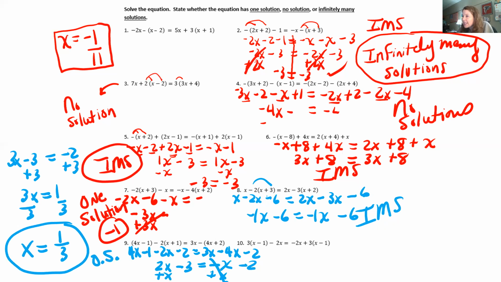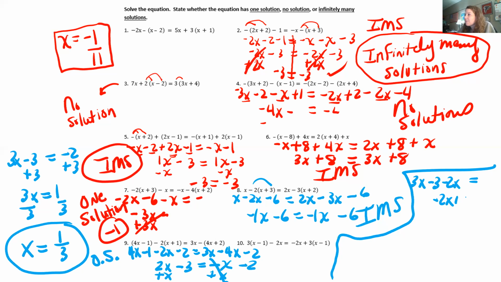All right, finally, number 10. I'm going to distribute that. I'm going to work up here somewhere. All right, so 3 times x is 3x minus 3 minus 2x is equal to, I don't have enough room, negative 2x plus 3x minus 3.